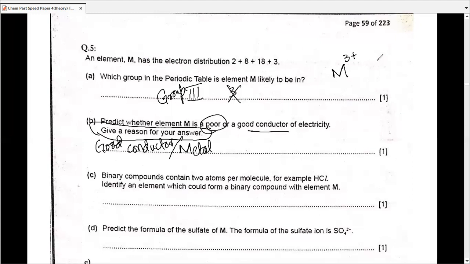So if we combine it with something that can have a 3 minus charge, they can both form MX, something like that. Let's suppose this is X. So what can have a 3 minus charge? I've already taught you that. Nitrogen. Great. So nitrogen is a good answer.